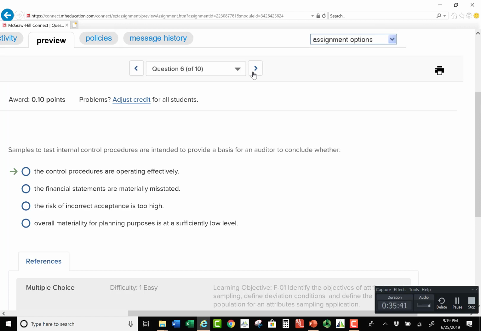Sample to test control procedures are intended to provide a basis for an auditor to conclude whether operating effectiveness. Isn't that what we're looking for when we sample? We evaluate the design, we look at the implementation, then we look for operating effectiveness, right?